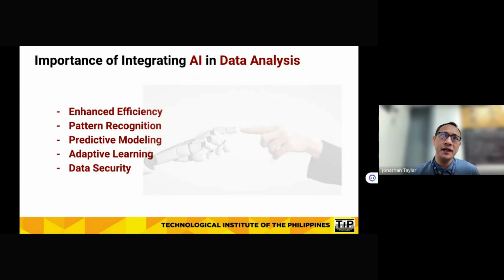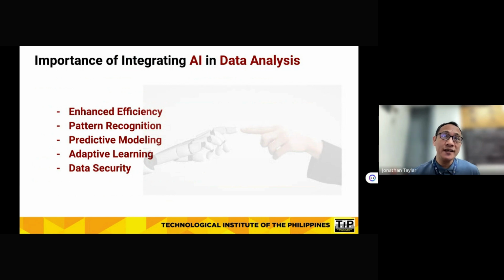Now, in terms of integrating AI in data analytics, it offers several advantages, which enhance efficiency, enable advanced pattern recognition, facilitate predictive modeling, support adaptive learning, and bolster data security.